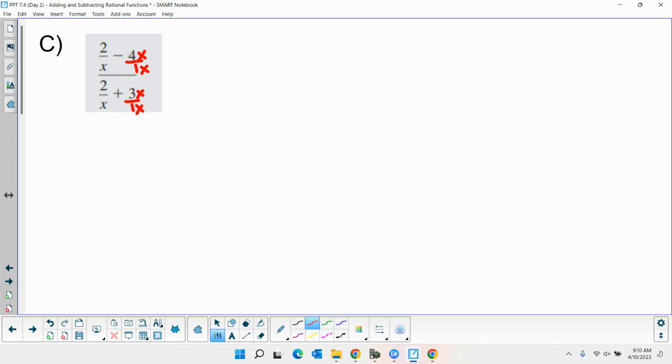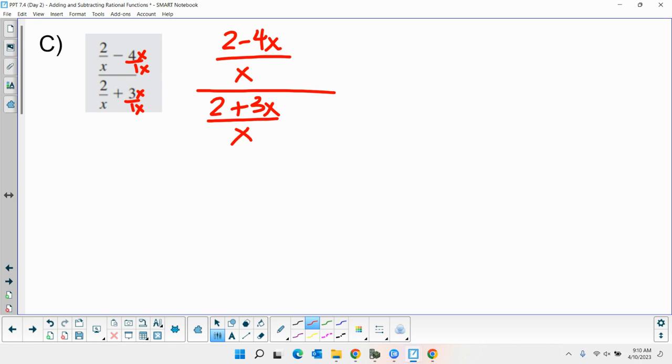So this is 2 minus 4x over x. And this is 2 plus 3x over x. So 2 minus 4x over x times x over 2 plus 3x.